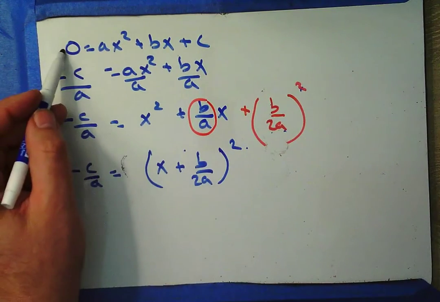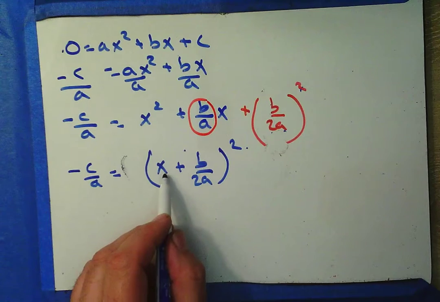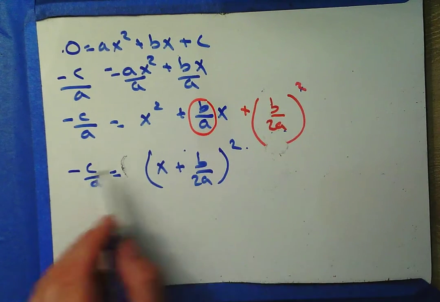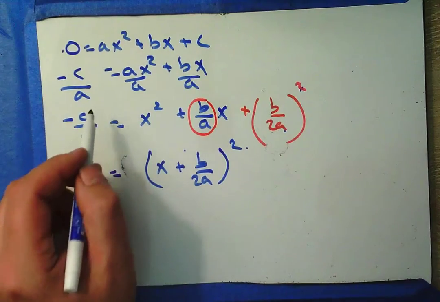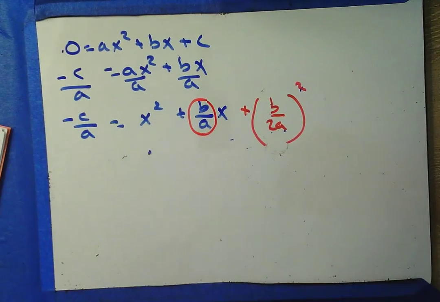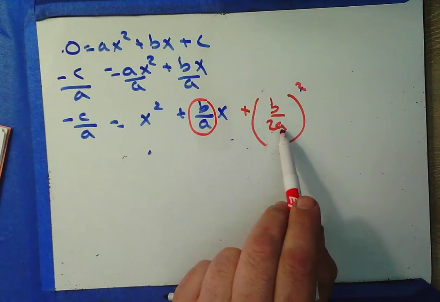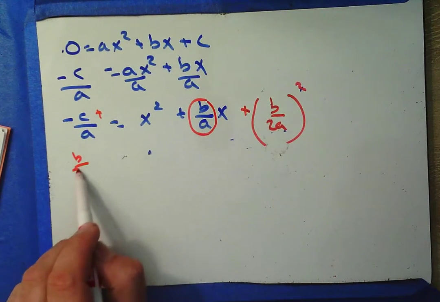We plugged in a 0, and we want to know what x equals. So I have to solve this equation for x, which means now taking the square root of both sides. Oh, I didn't add my b over 2. That's where the problem was, Mr. Kukla. Please note, Mr. Kukla added b over 2a squared to one side, but not to the other side.